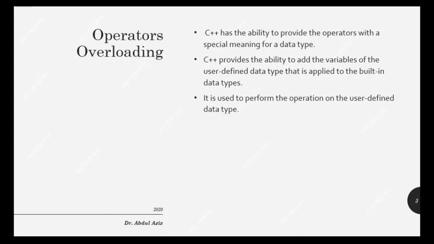So it is used to perform operations on user-defined data types. In C++, we can make operators work for user-defined classes. This means that C++ has the ability to provide the operators with a special meaning for a data type. This ability is known as operator overloading.